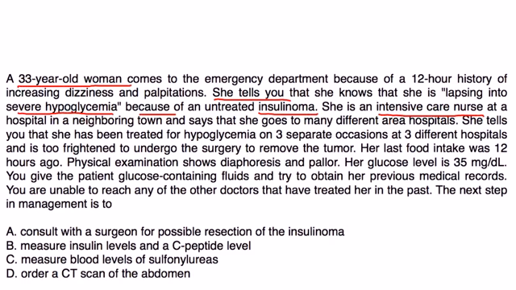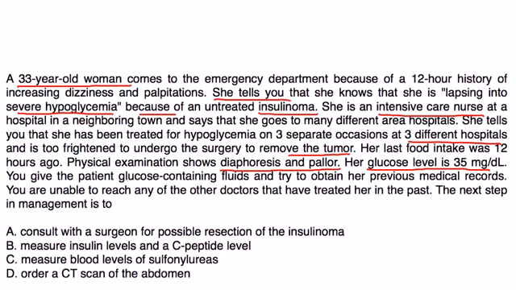She has been treated for hypoglycemia on 3 separate occasions at 3 different hospitals, and is too frightened to undergo the surgery to remove the tumor. Her last food intake was 12 hours ago. Physical exam shows diaphoresis and pallor. Glucose level is 35. You give the patient glucose-containing fluids, then try to obtain her previous medical records.